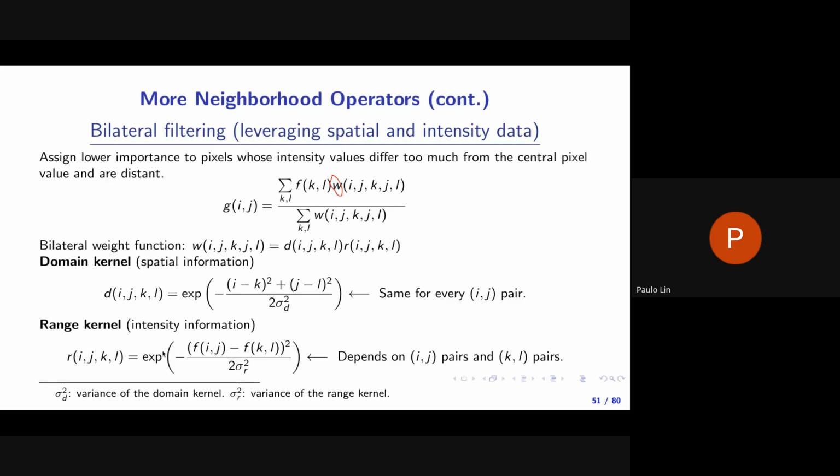We use the same approach for the range kernel, but for the range kernel, we employ the difference in intensity between the pixel we want to modify and the neighbors of this pixel. And it is important to notice that the domain kernel is the same for every pixel in the image, but the range kernel depends on the pixels and also on the neighborhood of that pixel.